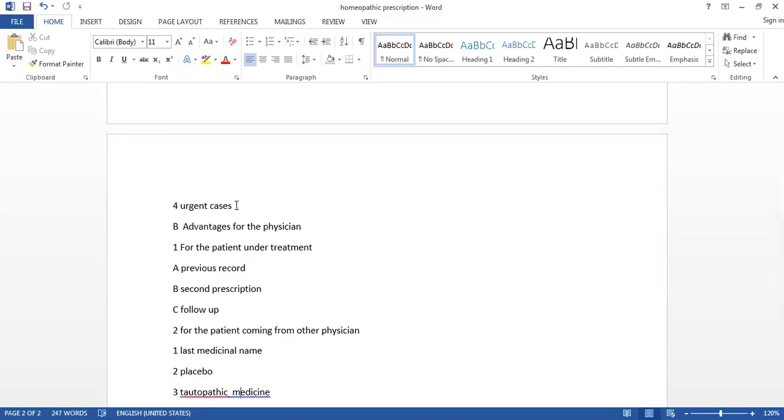So in urgent cases, he can communicate easily with the physician over the phone, or any relative can come to his chamber, and he can take the medicine. That's why the address and the telephone number are important on the prescription. So these are the certain advantages of the prescription, and hence prescription writing is important.